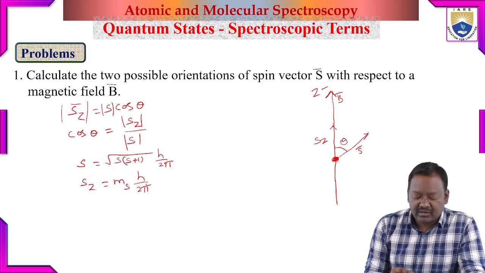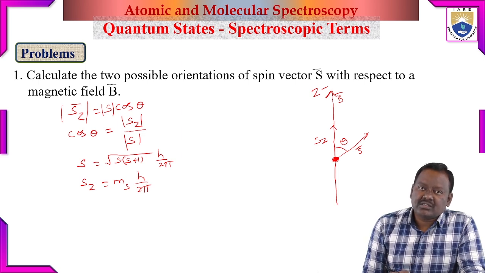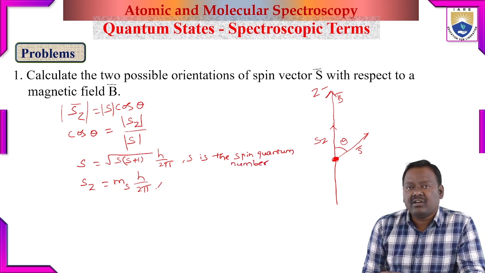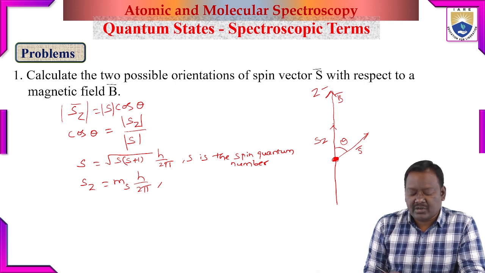Here s is the spin quantum number, and ms is the spin magnetic quantum number.